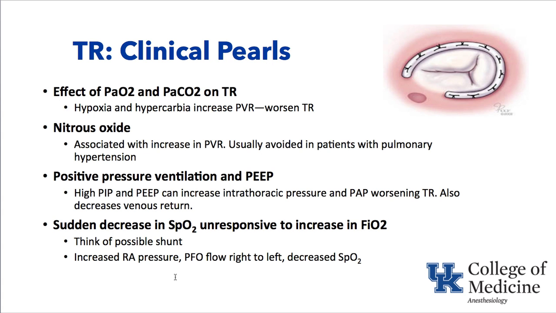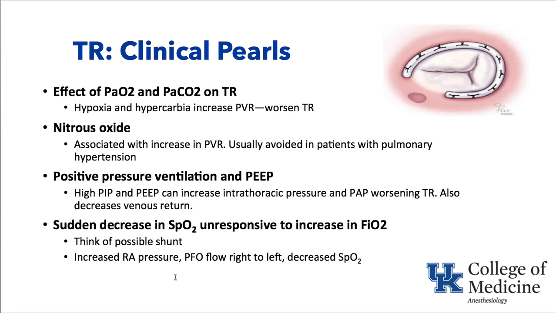If you have high peak inspiratory pressures and PEEP, intrathoracic pressure can increase pulmonary artery pressure, worsening the TR jet, but it also decreases venous return. So be careful about peak inspiratory pressures and PEEP in a patient with TR.